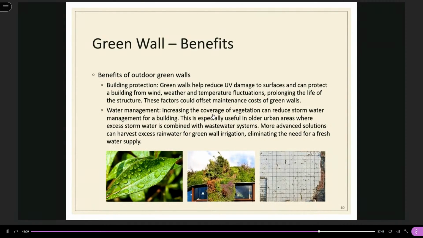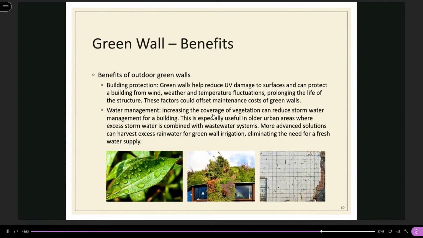Water management. So increasing the coverage of vegetation can reduce storm water. So this is especially useful in older urban areas where the excess storm water is combined with the wastewater system.